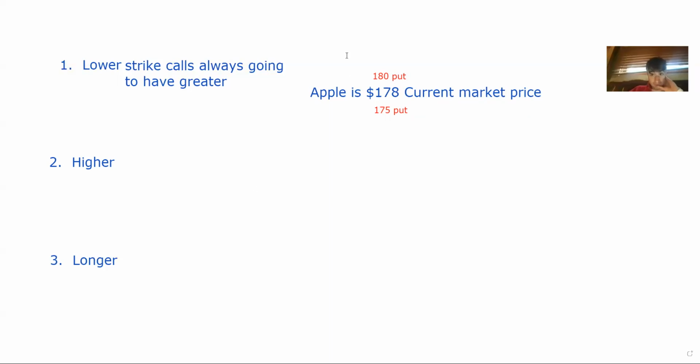So now we've just proven, and then we're going to apply it, we've just proven that higher strike put contracts always have greater premiums. Lower, higher, longer. So now we got a higher strike put. Let's put that there.